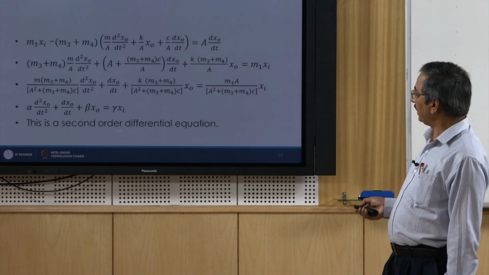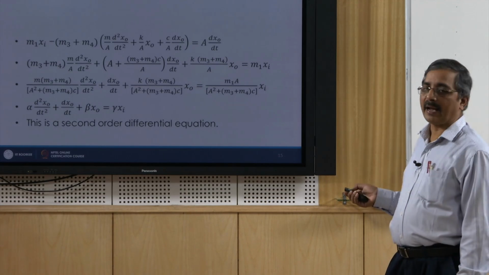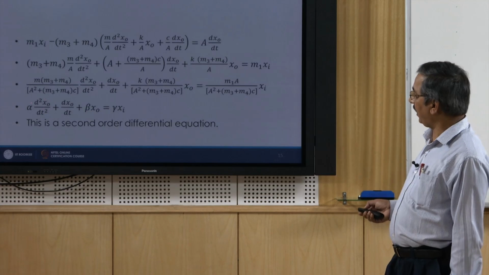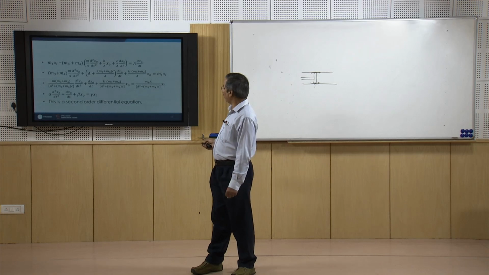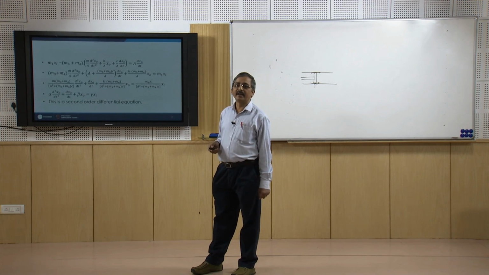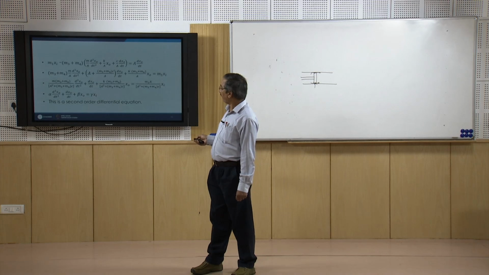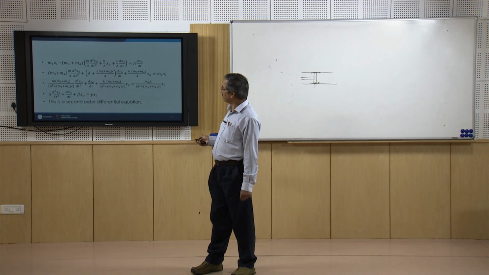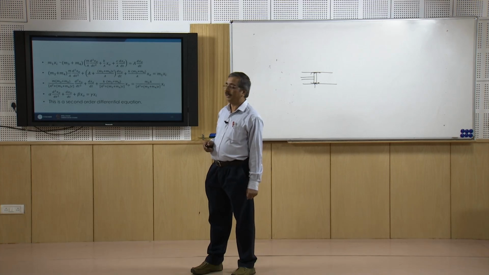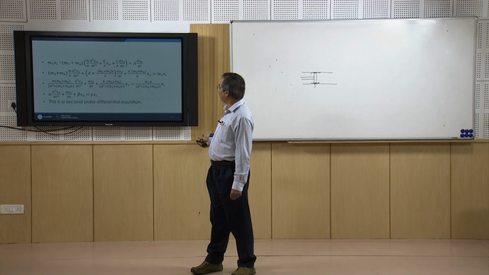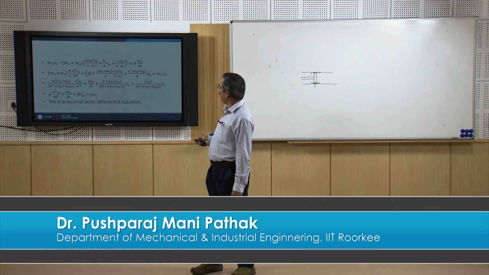Okay. So, you can see what I get, basically I get a second order differential equation, okay, and this equation expresses the relationship between the input displacement xi and the output x0. Okay. And of course, there are various coefficients alpha, beta, gamma, and these coefficients can be evaluated.